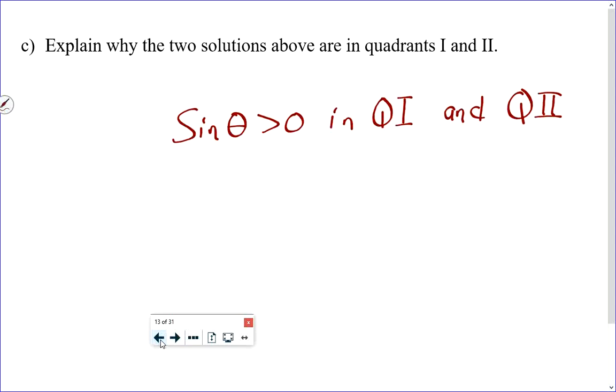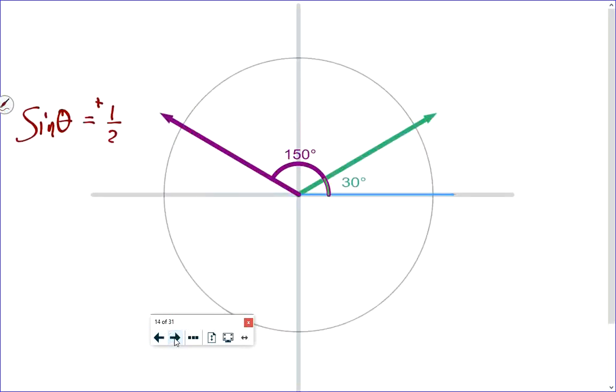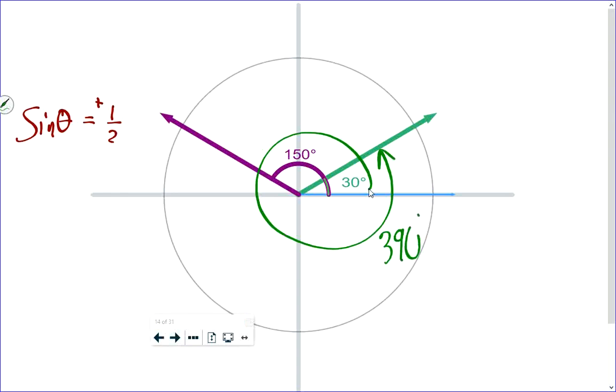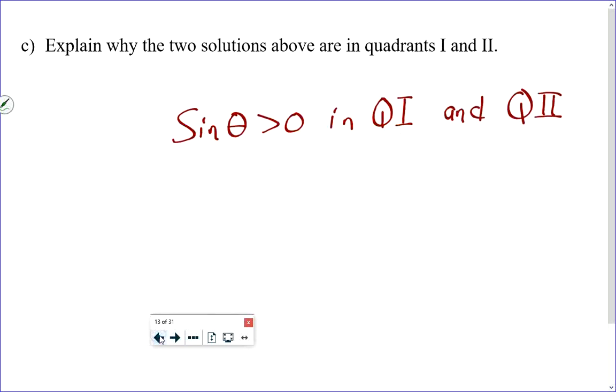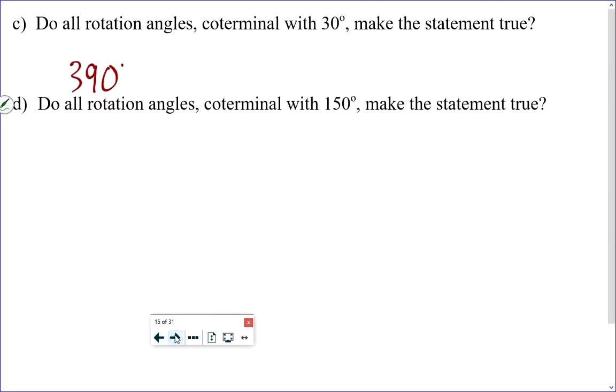Okay. So I go back to this diagram. Although this green arm is showing a rotation of 30 degrees, the green arm is also showing a rotation of 390 degrees. So any coterminal angle, by definition, will land on that green arm, and the y coordinate on the unit circle is still going to be 1/2. And the same can be said of this.